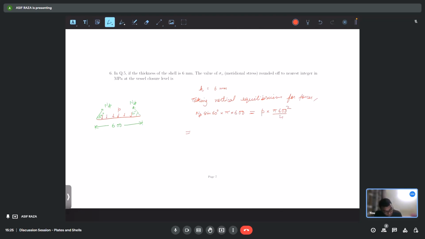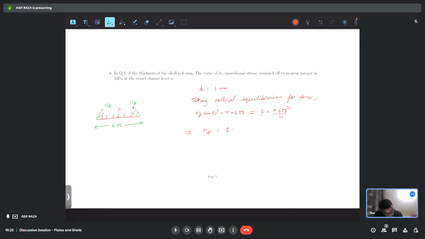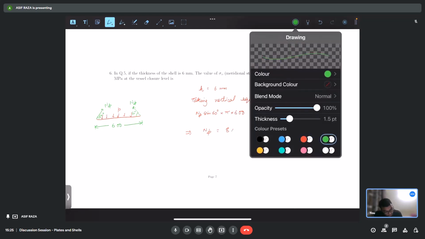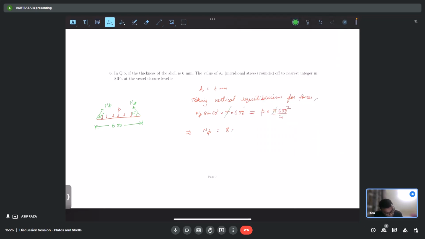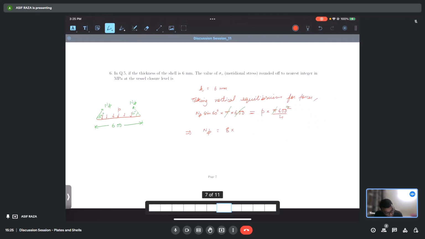So n phi would be equal to, if I cancel it, P is 8 Newton per mm square, so we can cancel pi, can cancel 600. So we're left with 8 into 600 by 4 into sine 60.